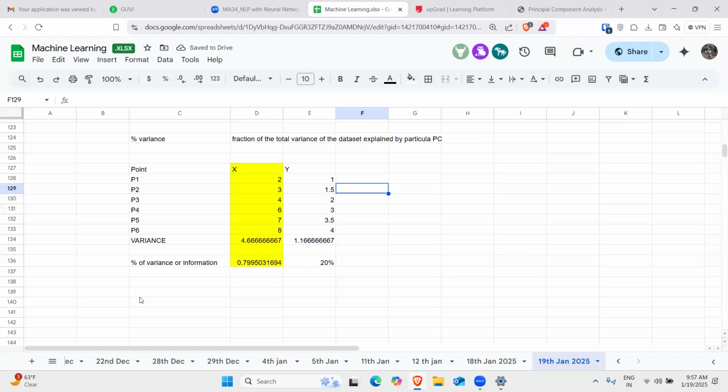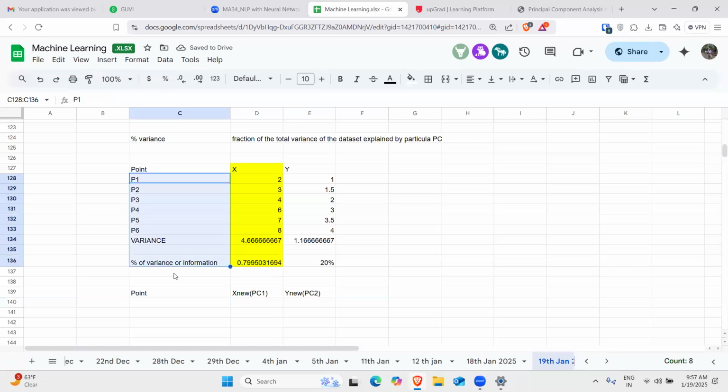Now I'll try to modify this. I'll apply a change of basis, and I'm going to find the direction of maximum variance. So PC2 is this, and this is going to be P1. Same. I can copy from this point to this point here.